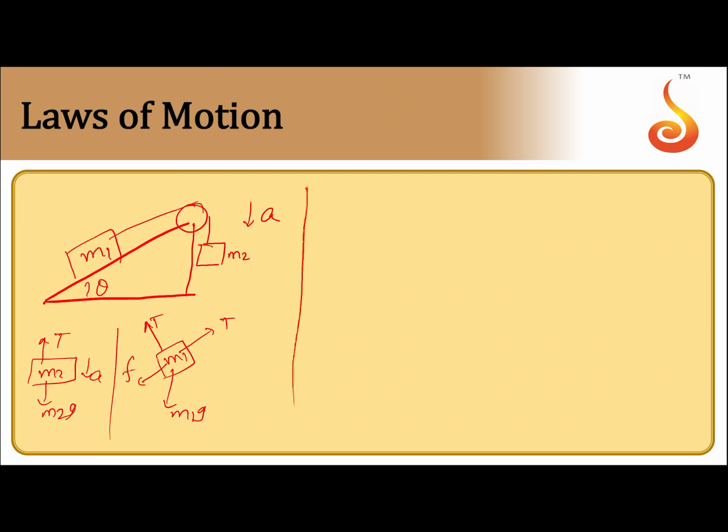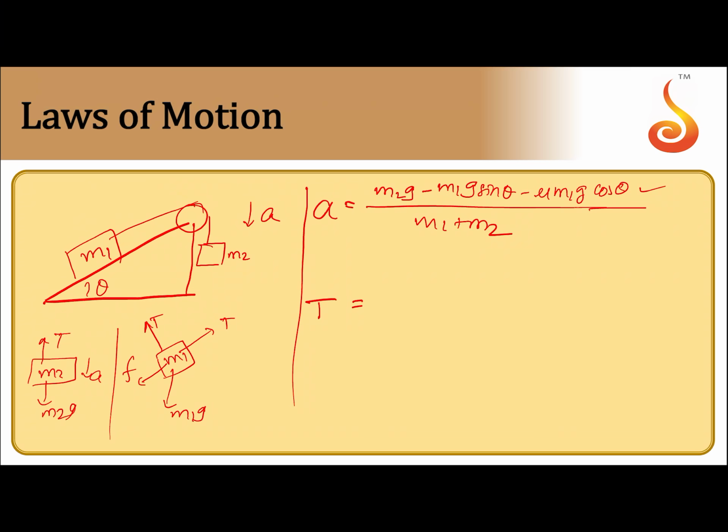With that, we have the results here. Acceleration once again is the unbalanced force. What is the unbalanced force here? It is M2g minus M1g sine theta minus mu M1g cos theta. Unlike the previous case, we have this additional term, whole divided by M1 plus M2, which is the net force in the downward direction, or say net mass which is moving.